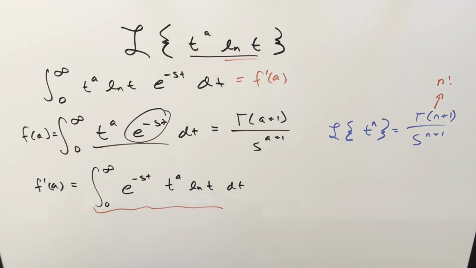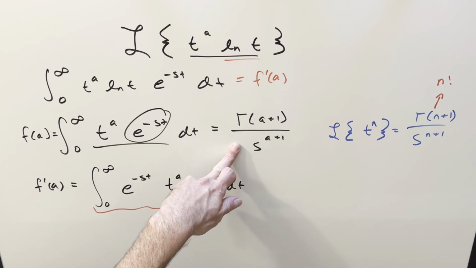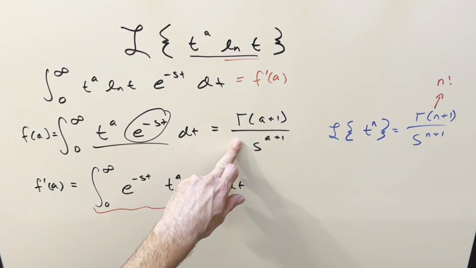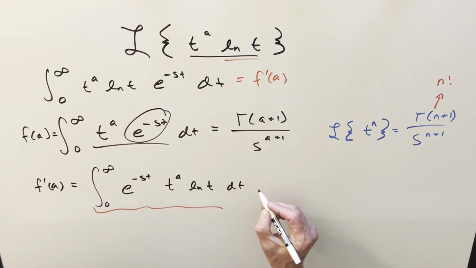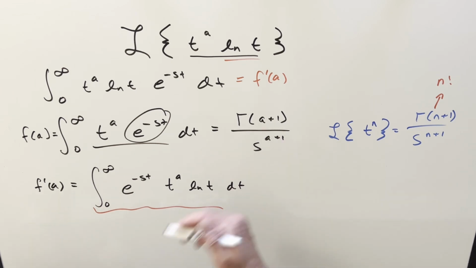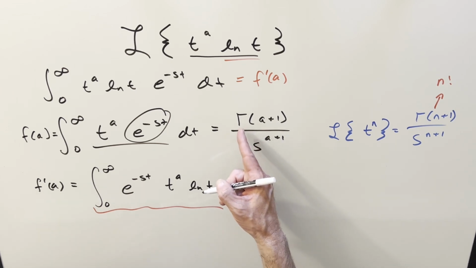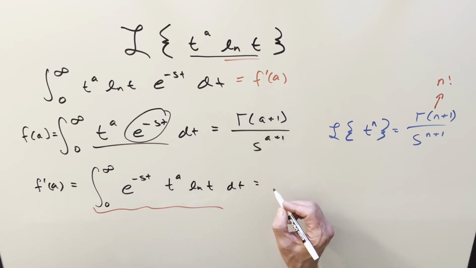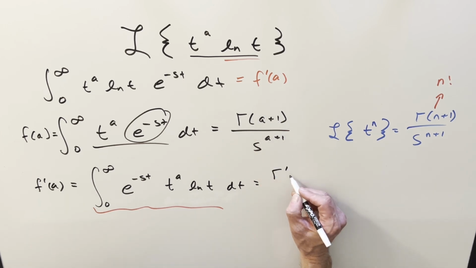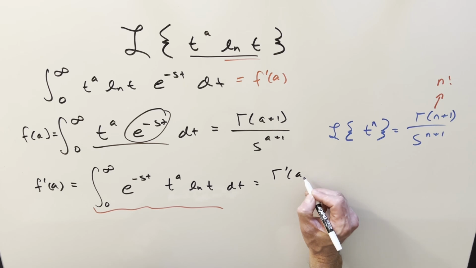Now that's nice, but the only way we're going to get somewhere is if we differentiate the right side as well, this other version of the function that we already know. That's what's usually helpful with these. If we already know one thing, we can get the other thing. So on this, we can use the quotient rule. First, we need to differentiate the numerator. We'll leave this right now as the derivative of gamma of a plus 1.